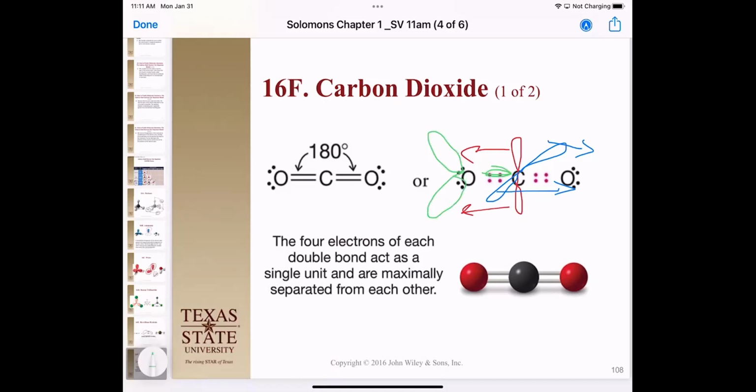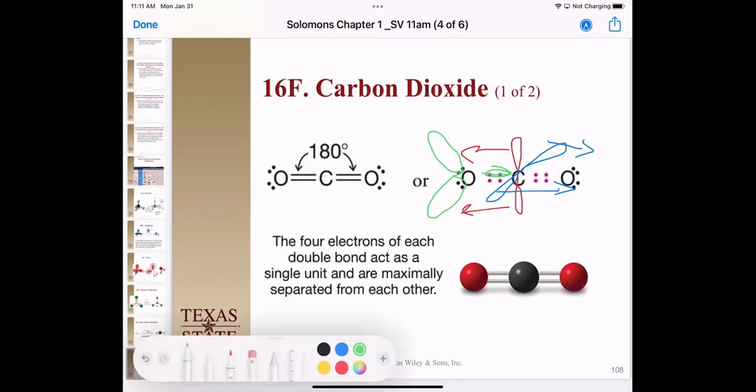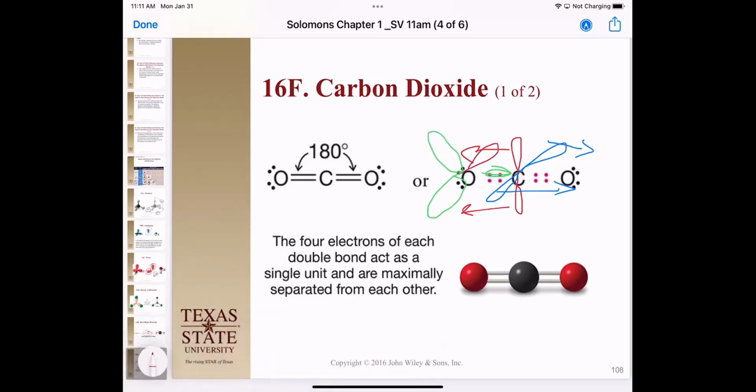Those green regions are 120 degrees apart. And that means we have an unhybridized p orbital here to overlap with that carbon. So the oxygen is sp2 hybridized with 3 electronic zones, making all 3 of those green lobes 120 degrees apart, and giving us 1 p orbital to allow us to do our pi bond. Questions on that? So see how looking at the shape tells you how many hybridized orbitals you have. Hybridized orbitals equal sigma bond.